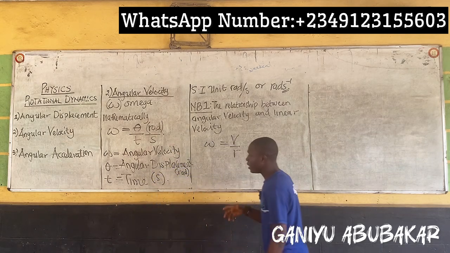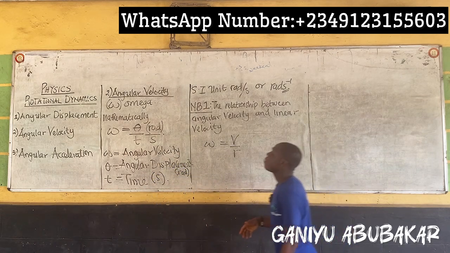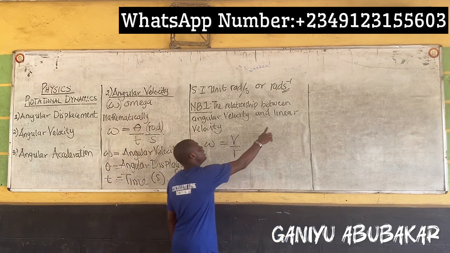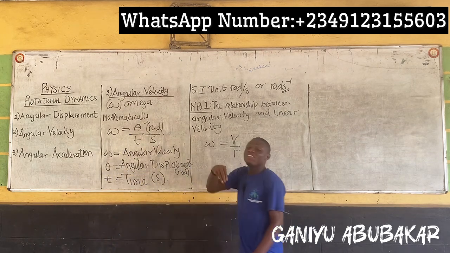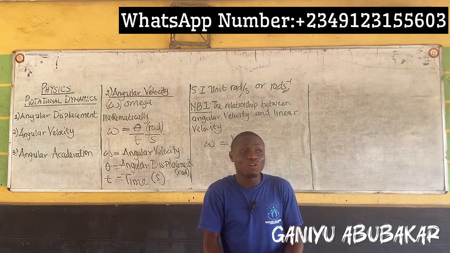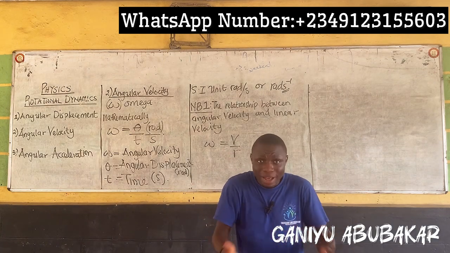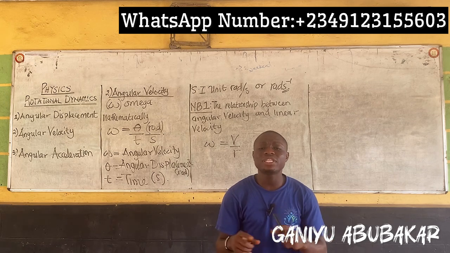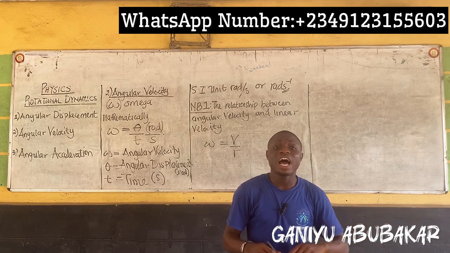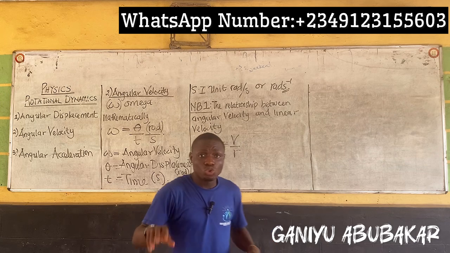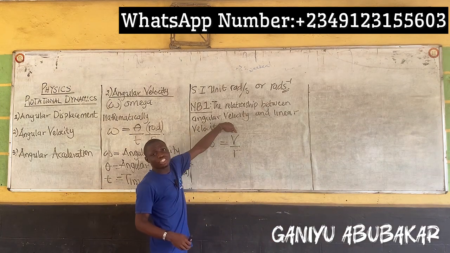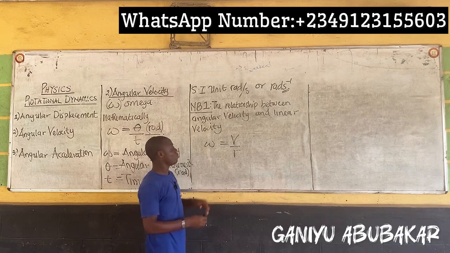I'm having angular velocity and I'm having linear velocity. Linear velocity is your v, your normal linear velocity. So what's the relationship between your angular velocity and the linear one? Angular velocity is equal to the linear velocity all over r.